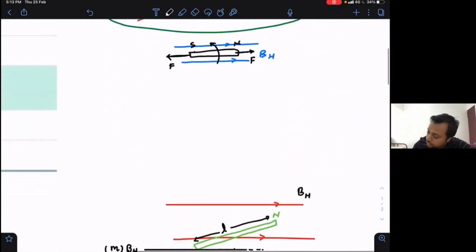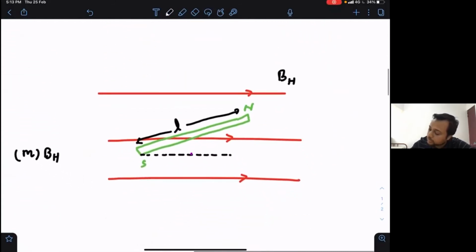So let's say we have already rotated the magnet. I have already drawn the diagram in which I have rotated the magnet by angle theta, deflected it, and let us calculate the force and torque on it.